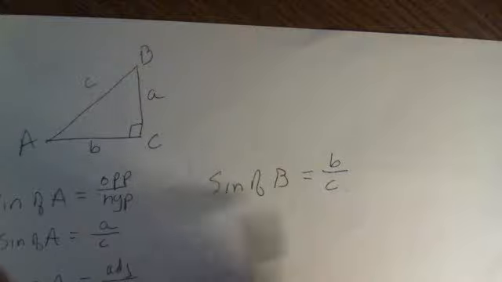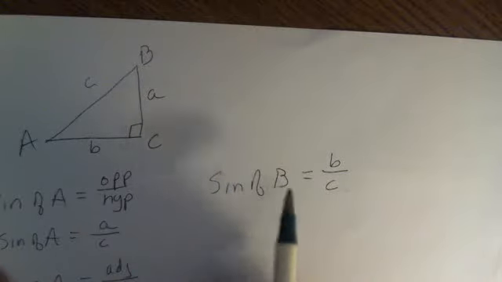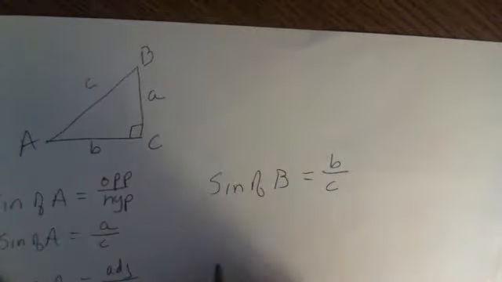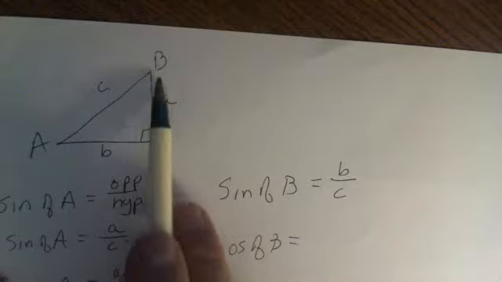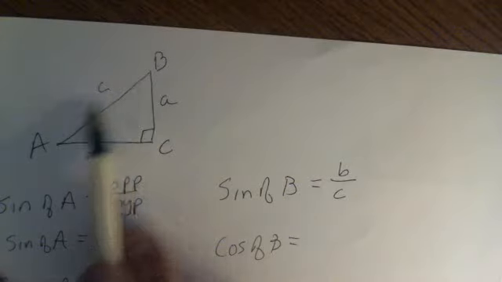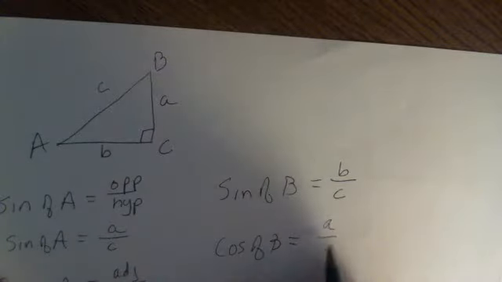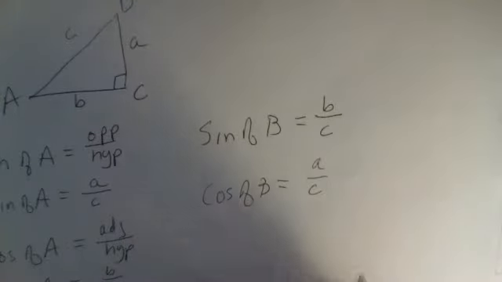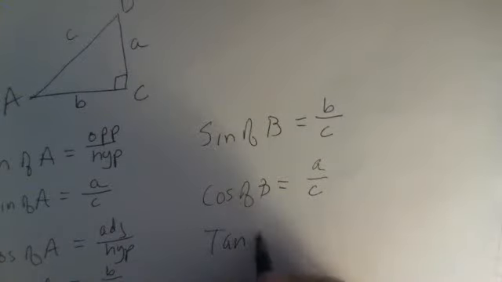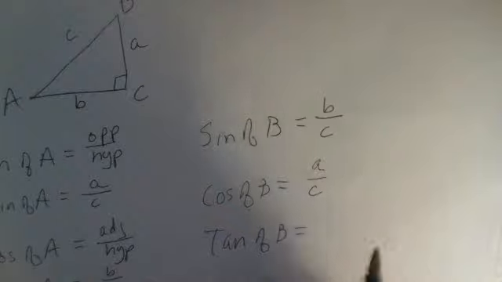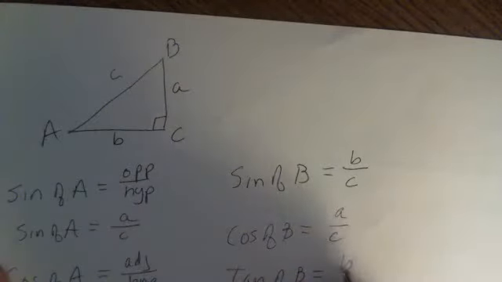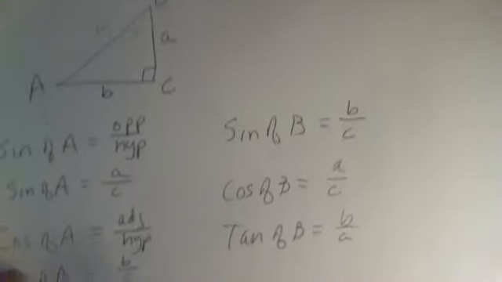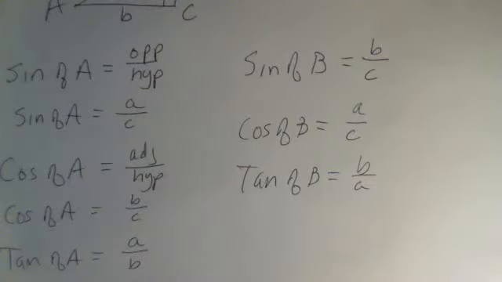So always remember, start with the angle. The cosine of B, again adjacent over hypotenuse: A is my adjacent side, C is always the hypotenuse, so it's A over C. And the tangent of angle B is opposite over adjacent, so it's just the exact opposite of what it was for the other angle.